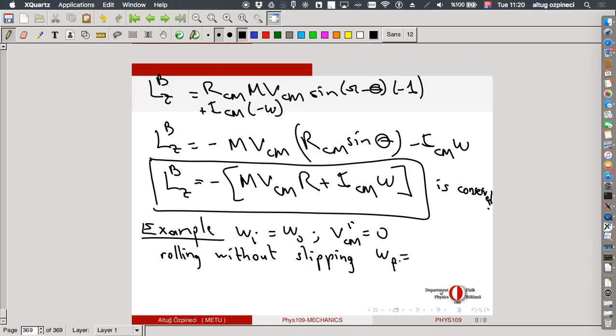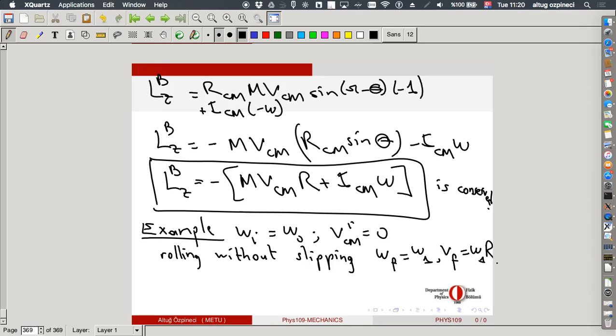So omega final will be, let's say, omega 1, and V final will be omega 1 times r. This is the condition of rolling without slipping. So we can ask the question, what is omega 1? What is the angular velocity of the object when it starts rolling without slipping?